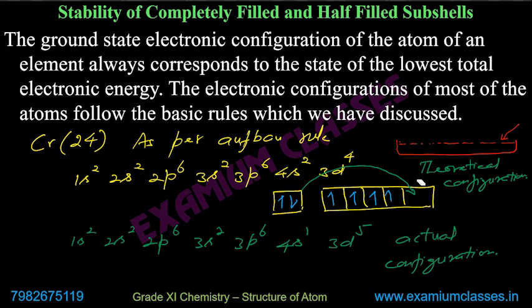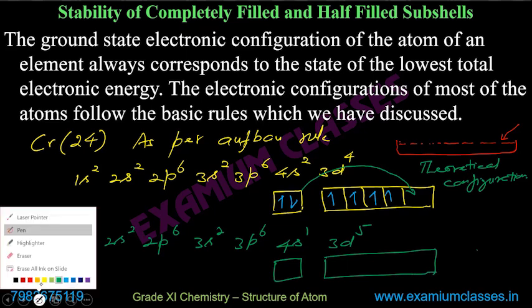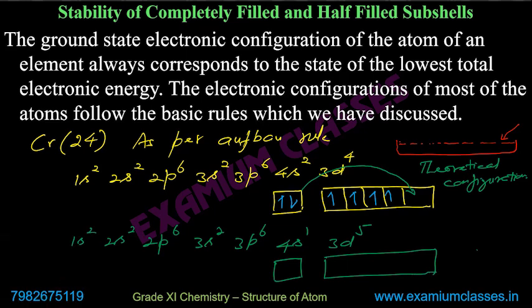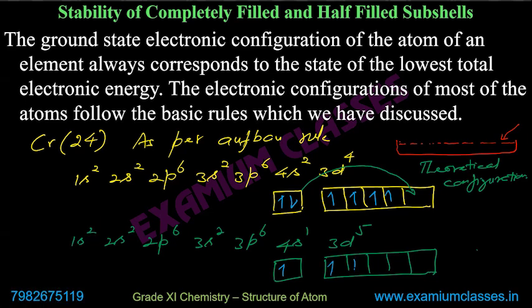Only one electron. Now what happens? Now, if I consider this case, s orbital and 5 d orbitals, still I have these orbitals, but s has one and d has now 5 electrons. And you can see that both are half filled.